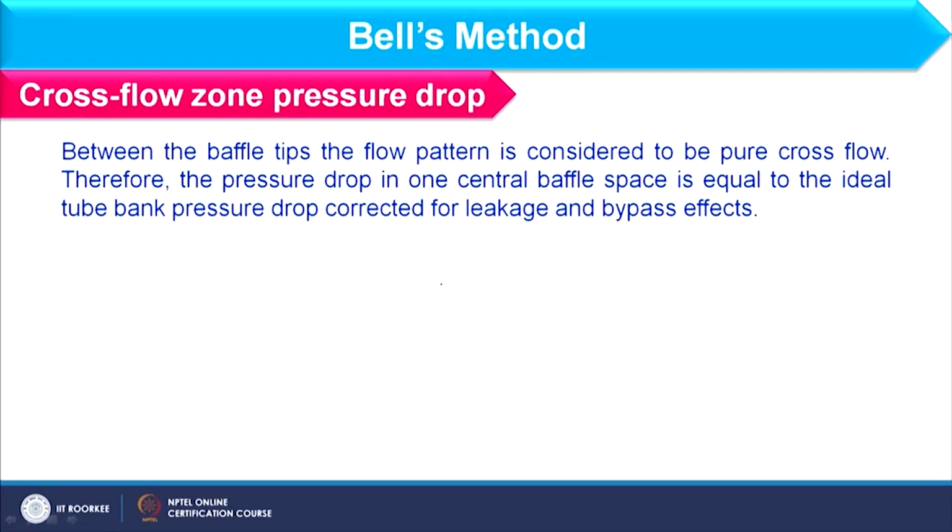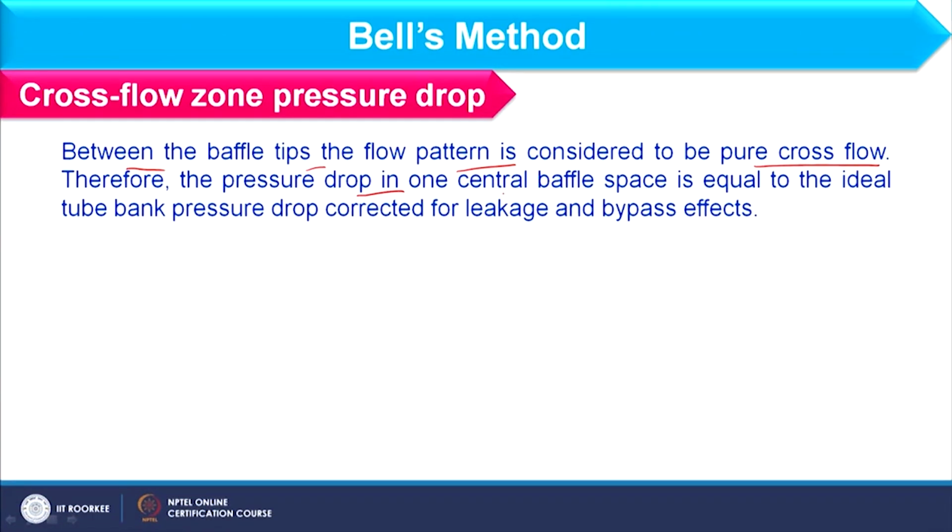Let us see how we should obtain the cross flow zone pressure drop. What should be the pattern in cross flow zone? We can understand that between the baffle tips, the flow pattern is considered to be pure cross flow. Why is it cross flow? Because in tubes the fluid is moving horizontally, and when shell side fluid comes between two baffle tips, it moves perpendicular to the tubes and therefore it is called cross flow.